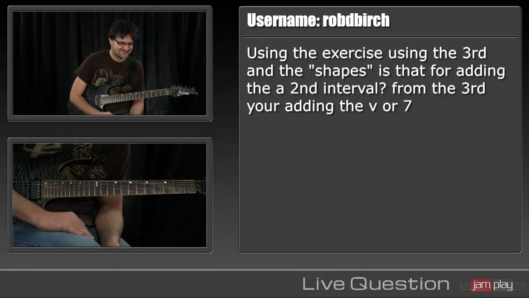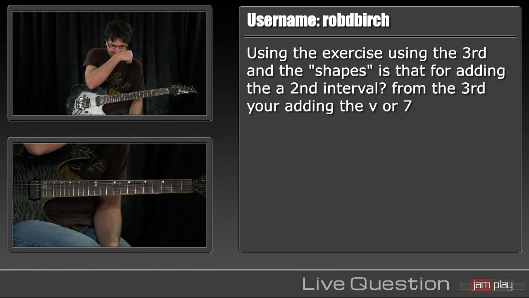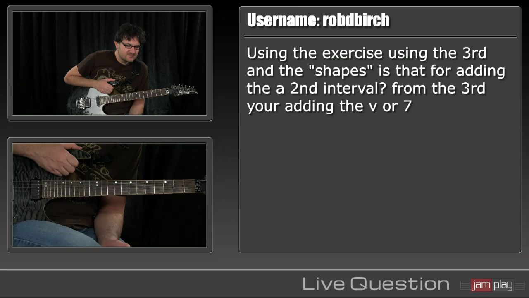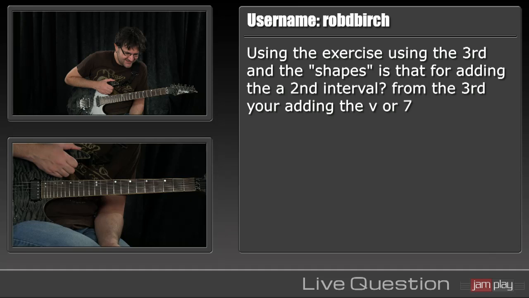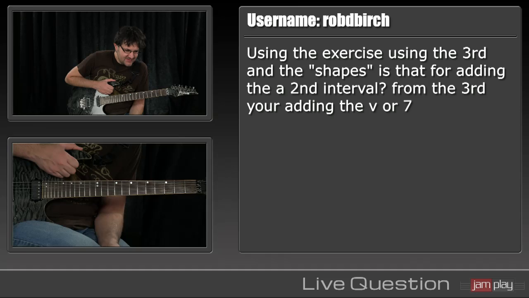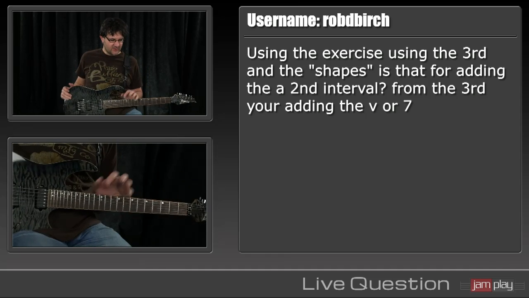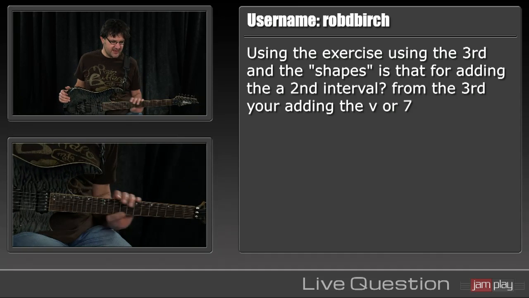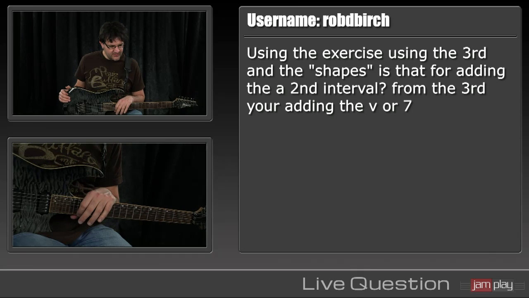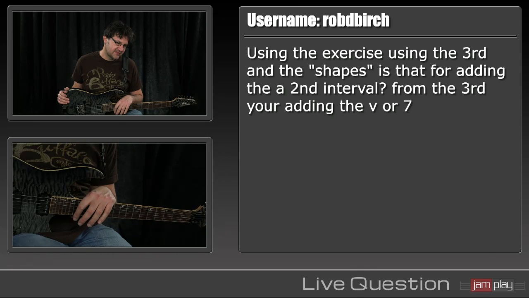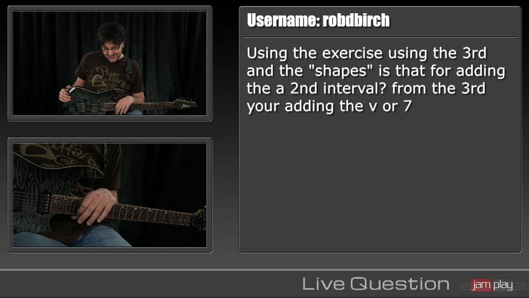Next. Okay. Using the exercise, using the third and the shapes, is that for adding this? Sorry, no problem. Yeah. This question's the way it's worded is a little confusing, I think. So I don't know if you want to look at that and see if it makes any sense to you. Let's see. So using the exercise, using the third and the shapes, is that for adding the second interval from the third? You're adding the 5th or 7th?